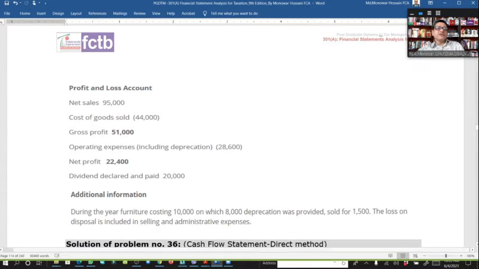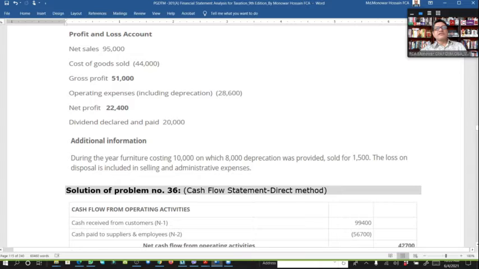Another few pieces of information from the profit and loss account: net sales 95,000, cost of goods sold 44,000, so gross profit 51,000. Operating expenses including depreciation are 28,600. Net profit 22,400. Dividend declared and paid 20,000.